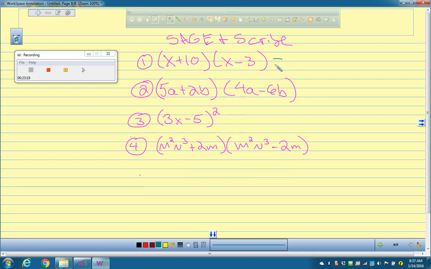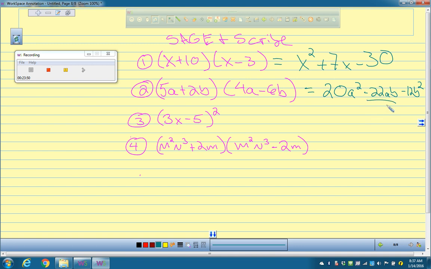So this one, I'm not going to do out the whole thing. You should have got x squared plus 7x minus 30. Did you get that? Yeah. Okay. This one, you should have gotten 20a squared, then you have minus 22ab minus 12b squared.